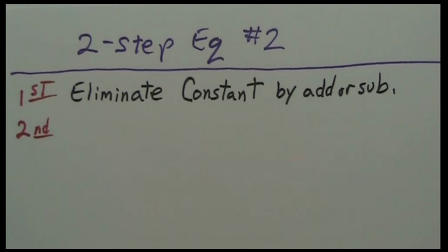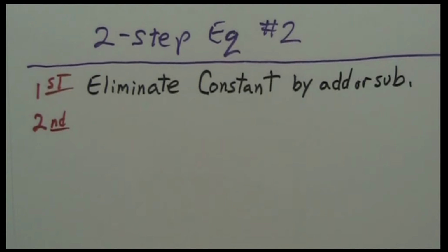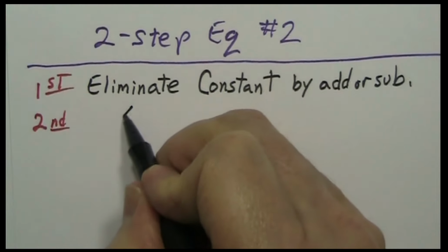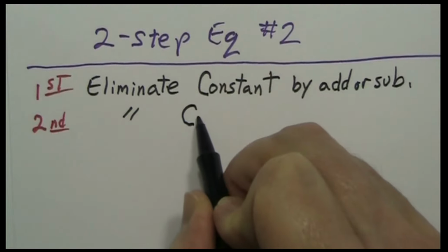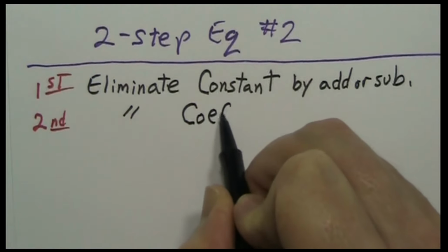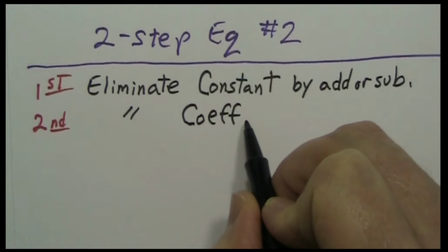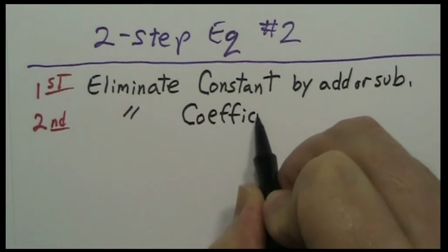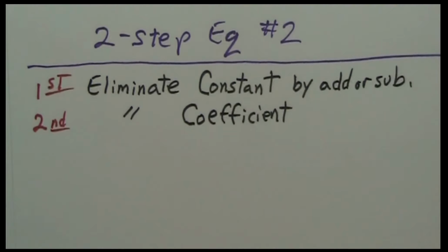Okay, what about the other, the second step? The second step is just like it. We're going to eliminate, but this time we're going to eliminate the coefficient. Remember, it's double F, C-O-E-F-F-I-C-I-E-N-T, coefficient.